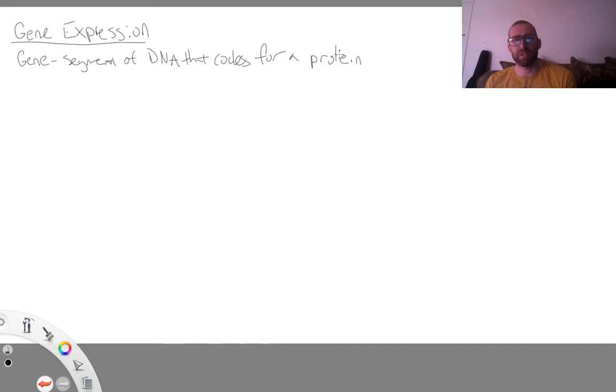Right? It's kind of a molecular biological definition of a gene, but it's essentially what it is. Each gene is a segment of DNA that is going to code for a particular protein.